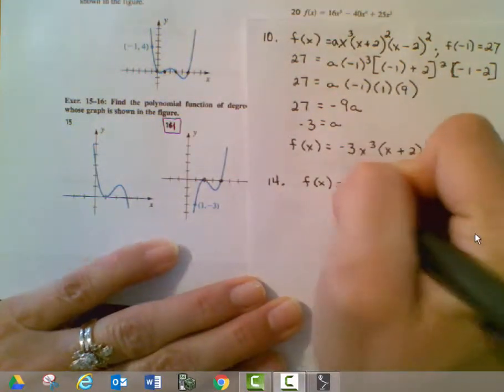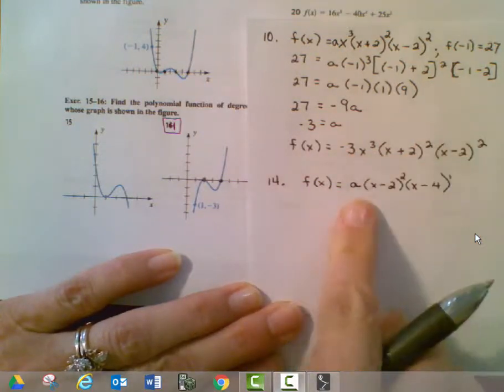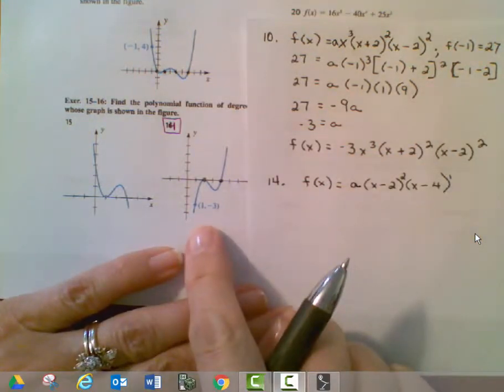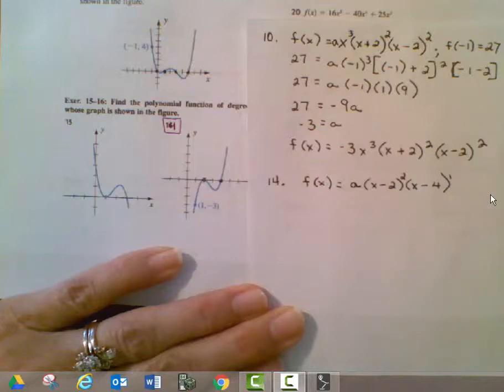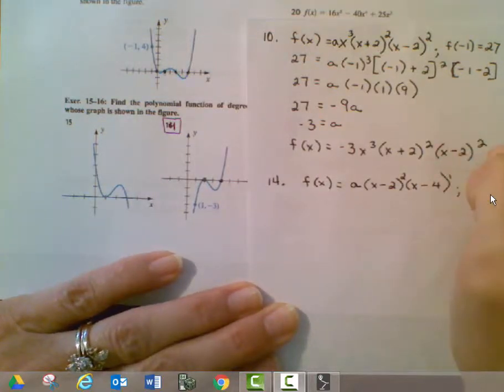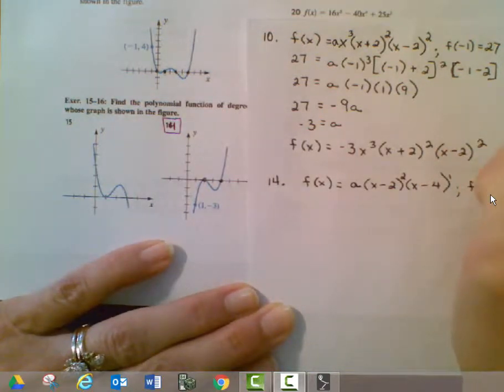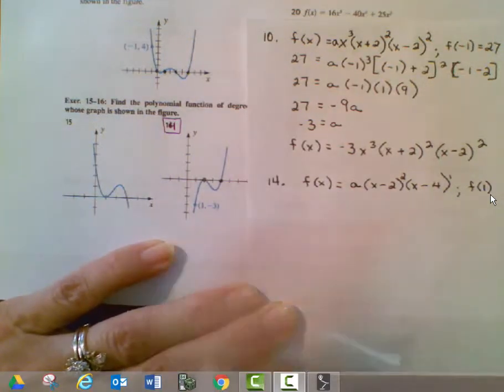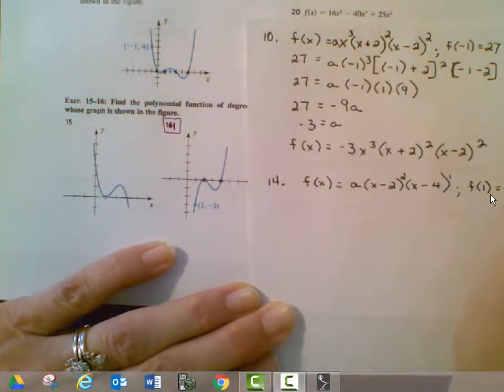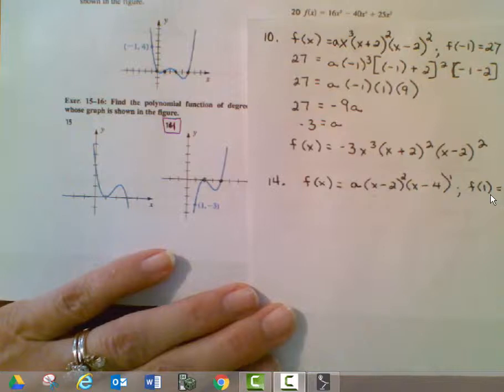I only have to find the coefficient that will cause this graph to meet the other condition. That other condition is f of 1. When I let x be 1, y is supposed to be -3.